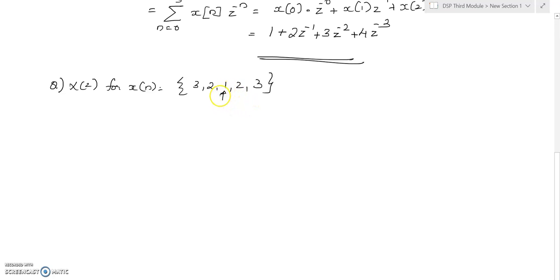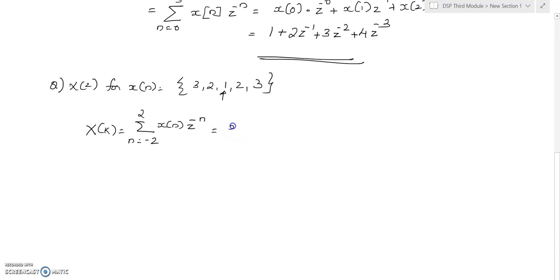This arrow represents the position 0. So your n will be ranging from minus 2 to plus 2. So x of z can be written as summation of n equal to minus 2 to 2 x of n z raised to minus n.